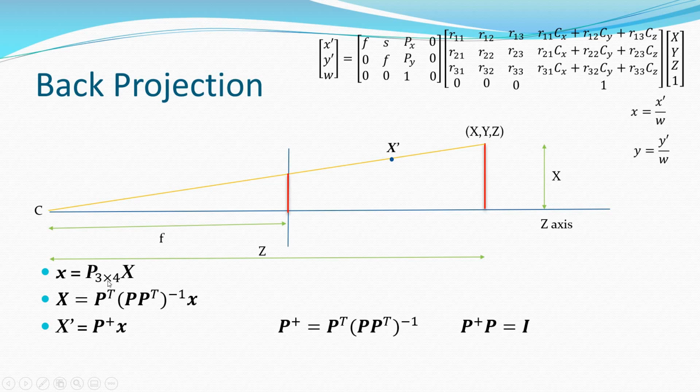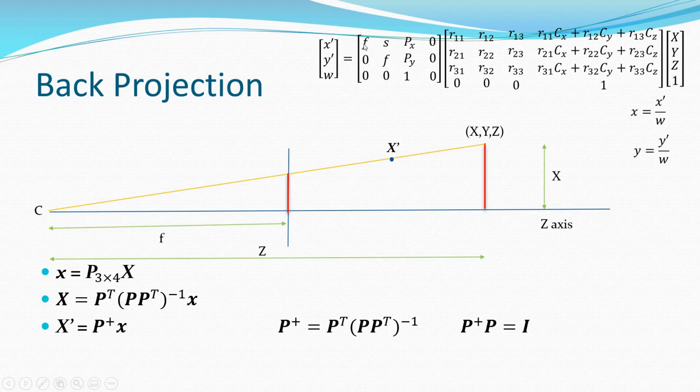So now for back projection, that is given small x, small y, we want capital X, Y, Z, what we do is we can take what is known as least squares estimation. Here you can see that this is an underdetermined condition, where you have fewer equations but more unknowns.